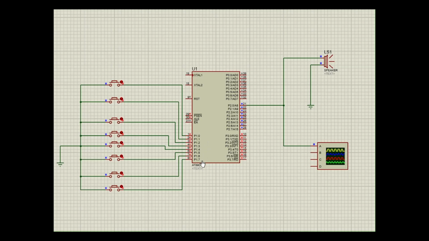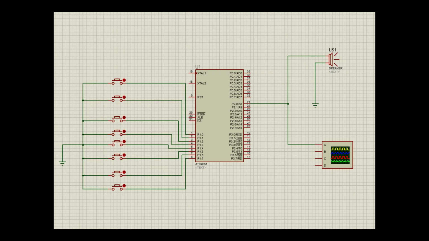Different frequencies simulate different piano notes. The generated square wave is output through port 2.0 to a speaker.